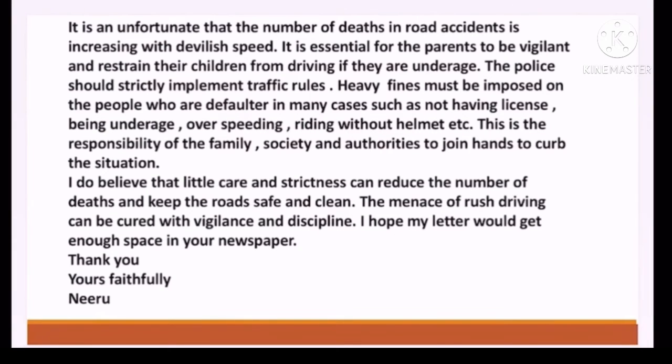It is unfortunate that the number of deaths in road accidents is increasing with devilish speed. It is essential for the parents to be vigilant and restrain their children from driving if they are underage. The police should strictly implement traffic rules.